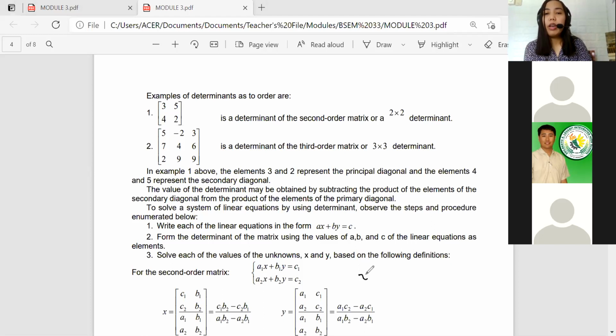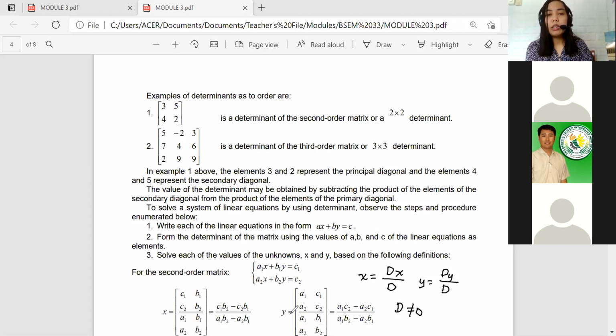To find the value of x, that is Dx over D, where D is the determinant of the given system. For y, that's Dy over D. Make sure that the value of the determinant is not equal to 0, because it will be undefined. Okay?